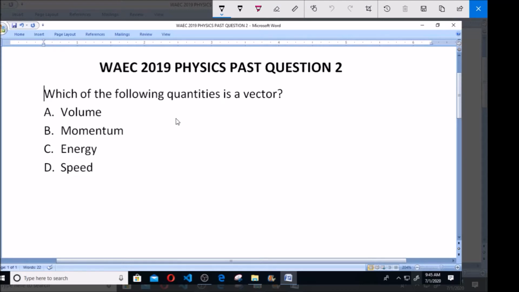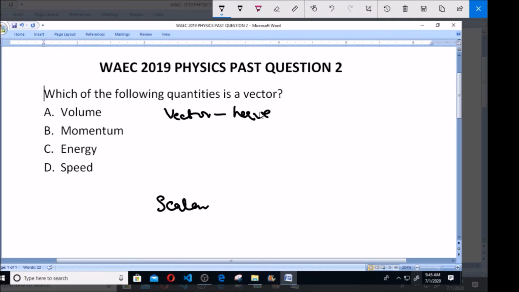And there are two major types of quantities that we have in physics. We have what we call the vector quantities, and we have what we call the scalar quantities. Now, what are the vector quantities? Vector quantities are quantities that have both size, which is magnitude, and direction.